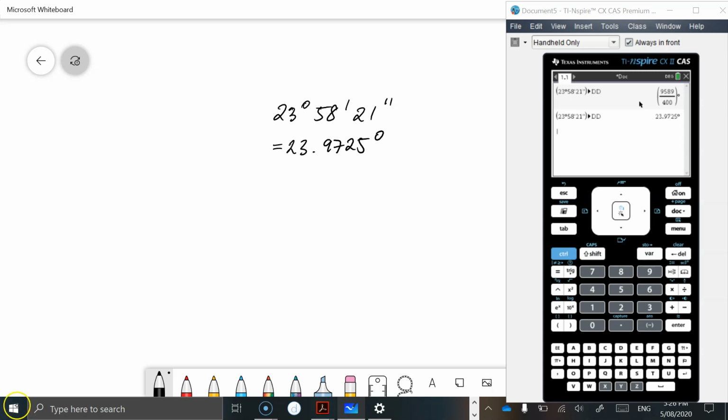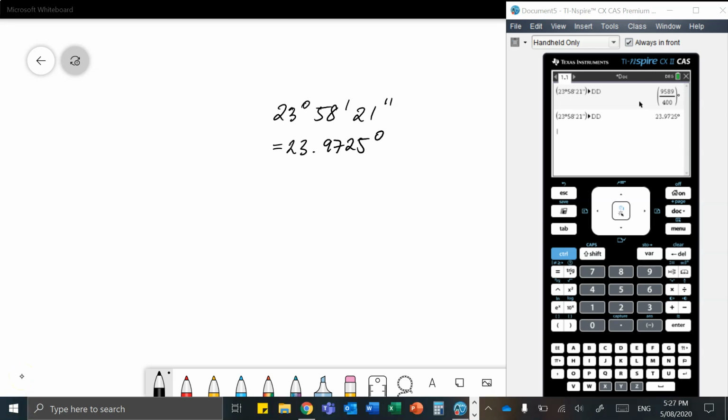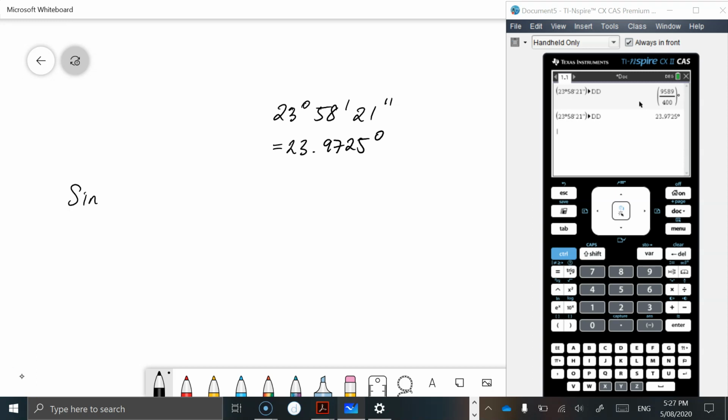Okay, so we'll do a couple more examples. Let's do tan of 27 degrees, 42 minutes, and 50 seconds, and convert that to decimal.